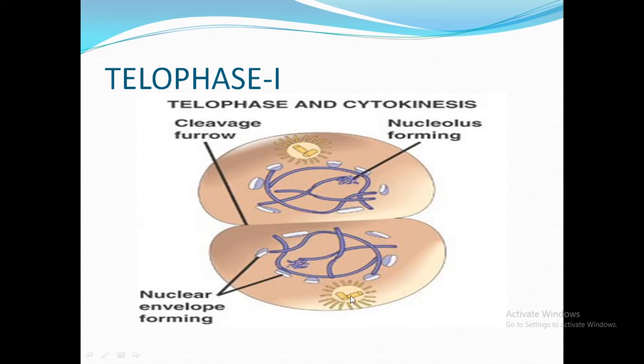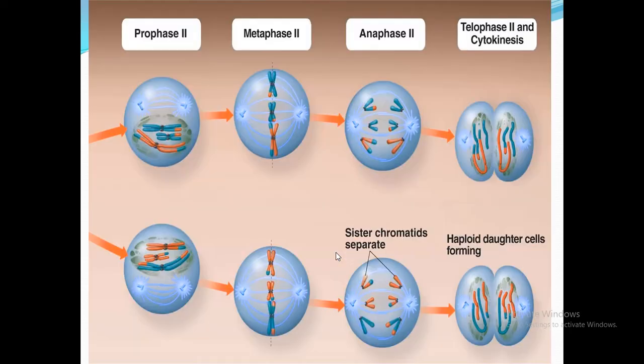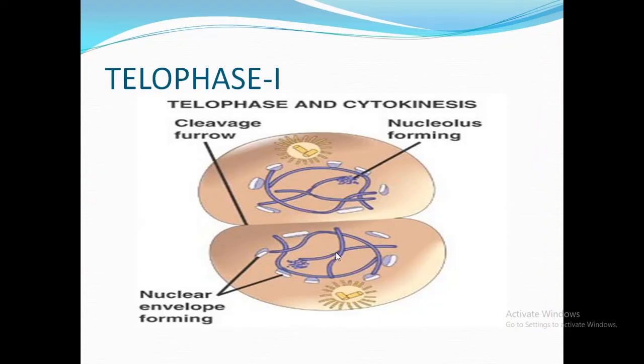The centrioles are found here, and they start degenerating their microtubules. Now you can see in telophase 1 there are two cells.